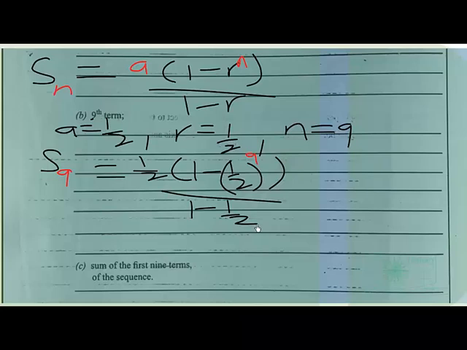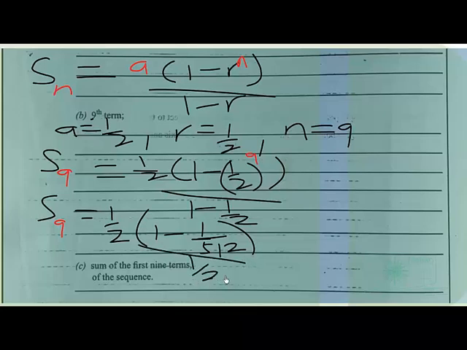So S, the sum of the first 9 terms, will be equal to 1 over 2 times 1 minus 1 over 512, because we just found that, all over 1 over 2.